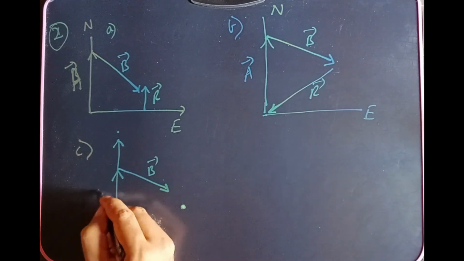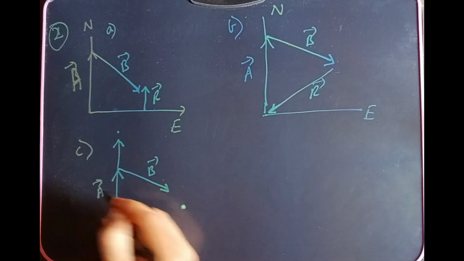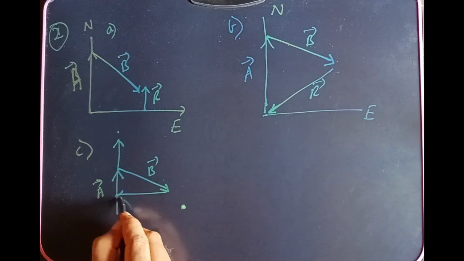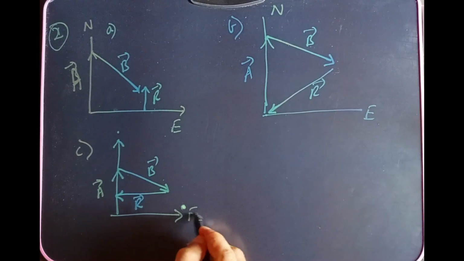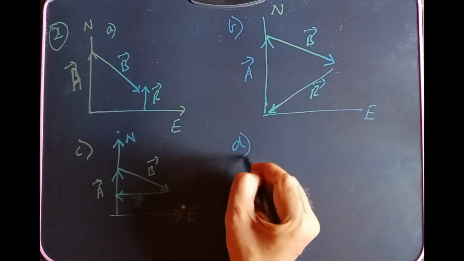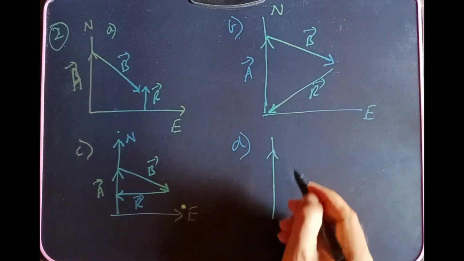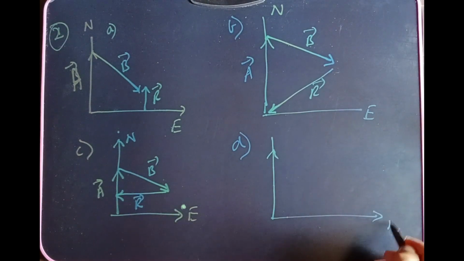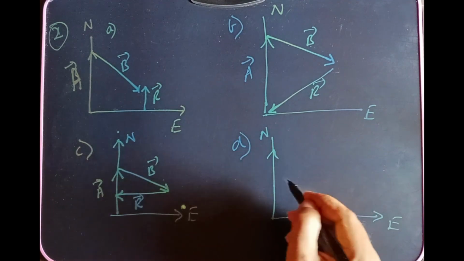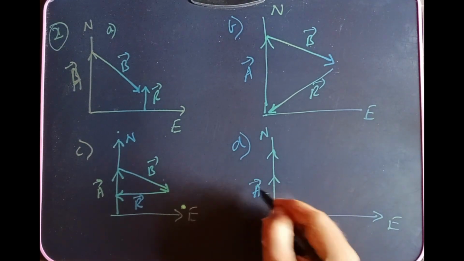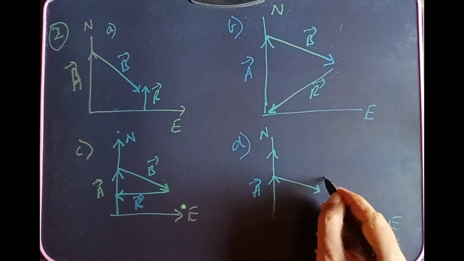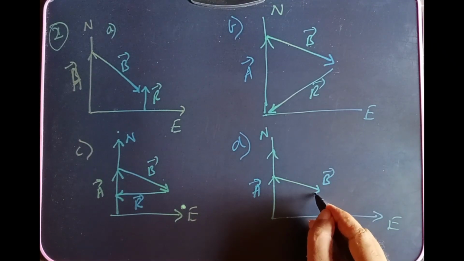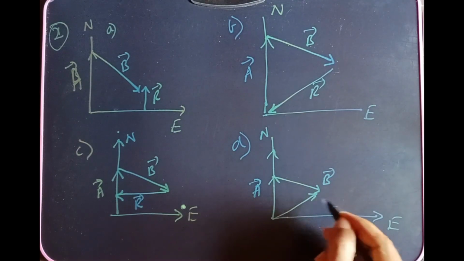This is B, this is A, and this is R, east, north. And case D is given as east, north, vector A, vector B, and this is the resultant vector.